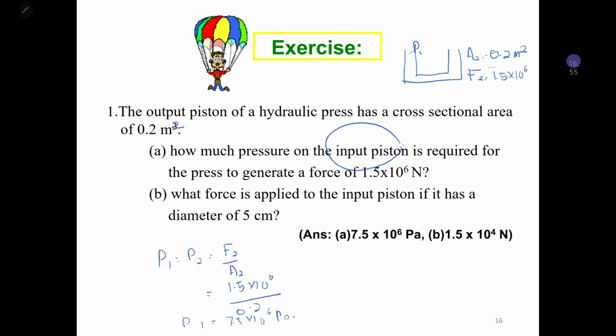What force is applied to the input piston if it has a diameter of 5 cm? You know the pressure is equal to F1 divided by A1, so F is equal to P1 times A1. You know the value of pressure and the diameter, so we get the value of force.